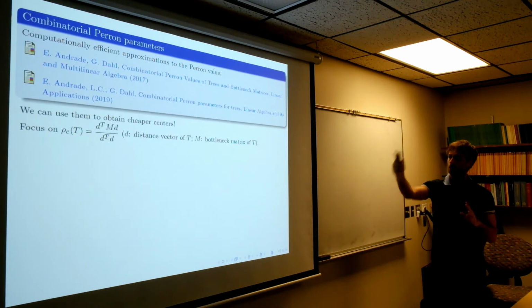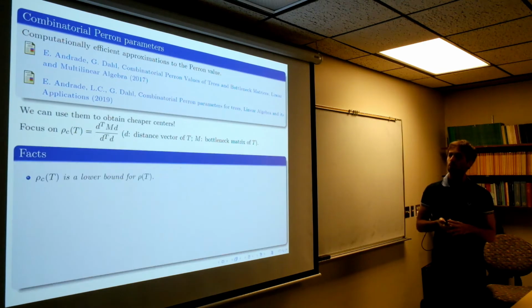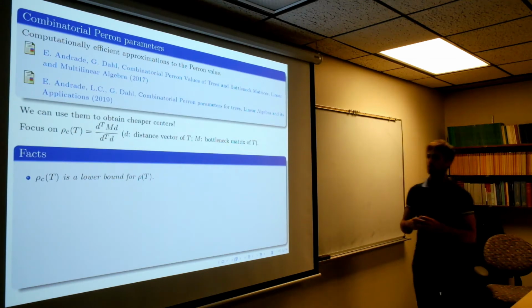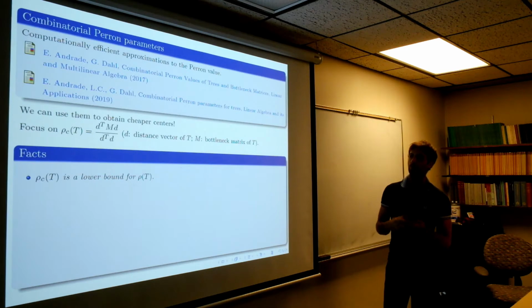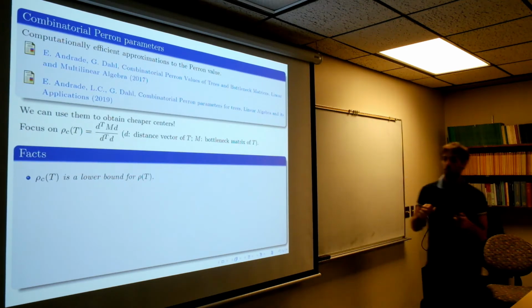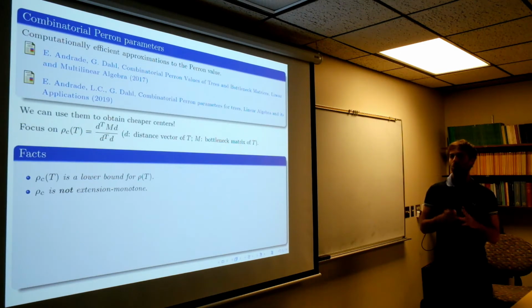Okay, so again, this rho C is another weight we can use to define a center. Well, rho C of t is always a lower bound for rho of t. This is a simple fact coming from the fact that rho is the biggest Rayleigh quotient, while rho C is just one specific Rayleigh quotient. Unluckily, it's not true that rho C is extension monotone, even if it took us quite a lot of time to understand it, to find a counterexample.